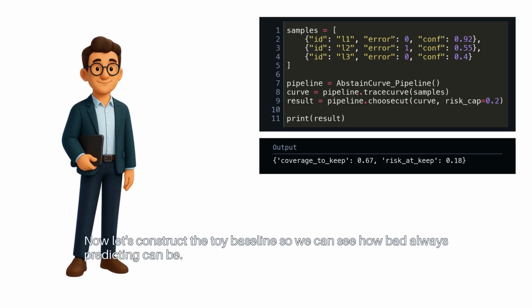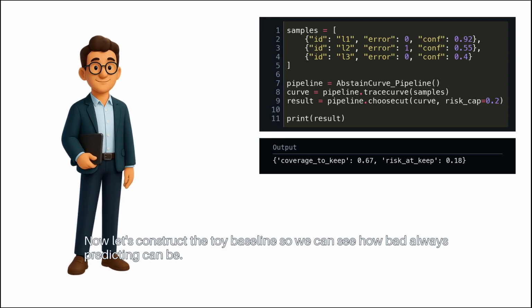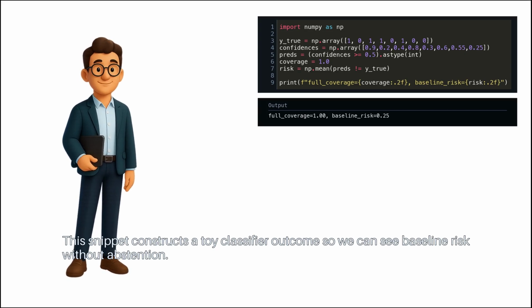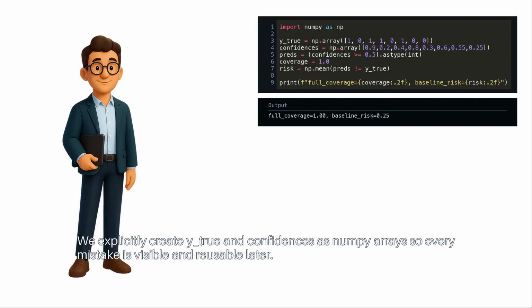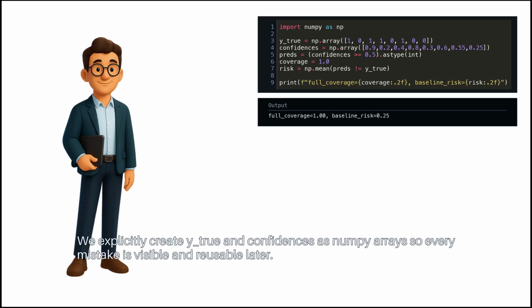Now let's construct the toy baseline so we can see how bad always predicting can be. This snippet constructs a toy classifier outcome so we can see baseline risk without abstention. We explicitly create y_true and confidences as numpy arrays, so every mistake is visible and reusable later.